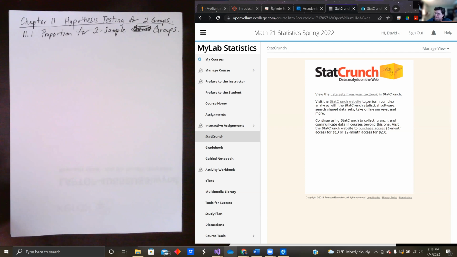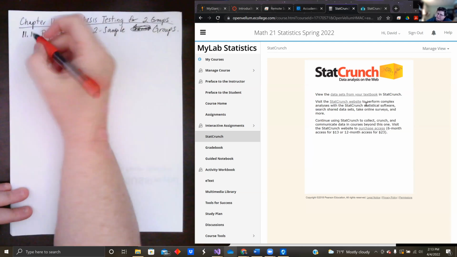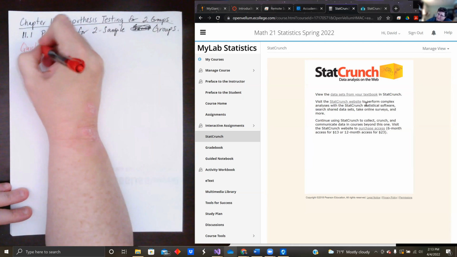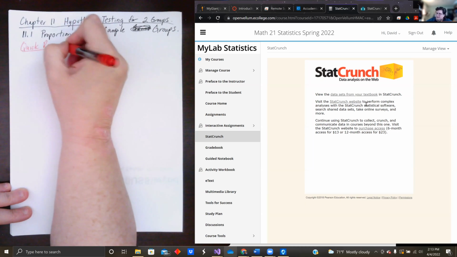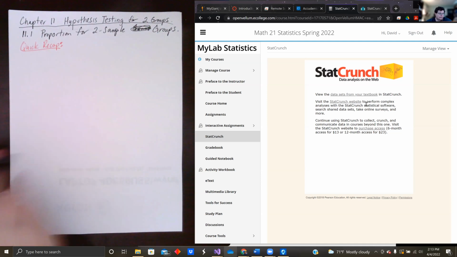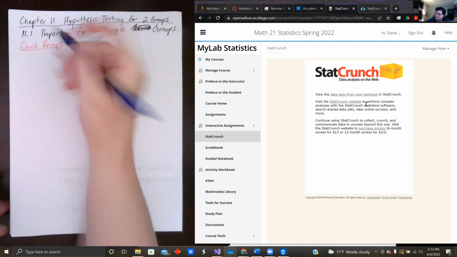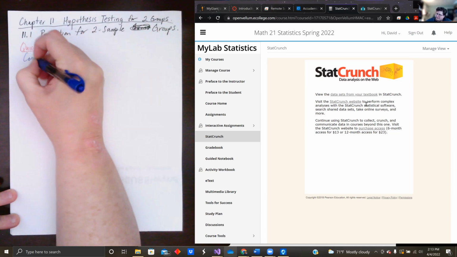Quick recap before we dive in, because there is a connection between the two, and I want to reinforce this as we go down the road. We have our confidence intervals, our CIs.